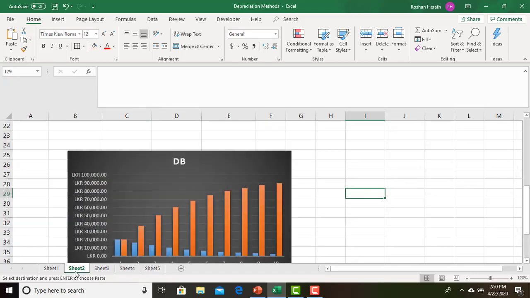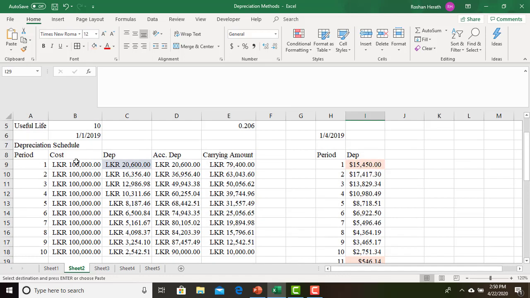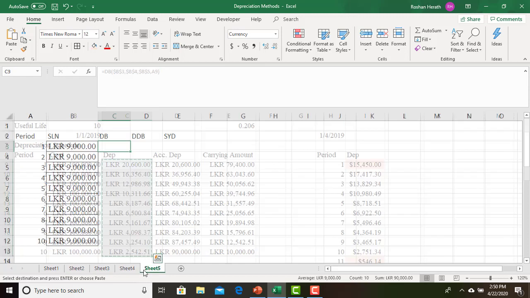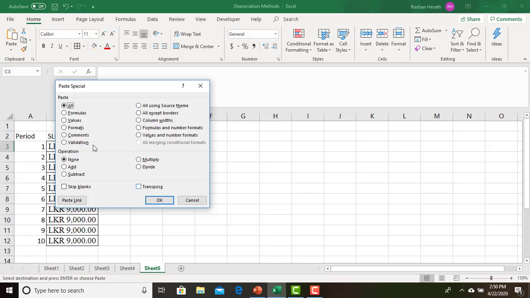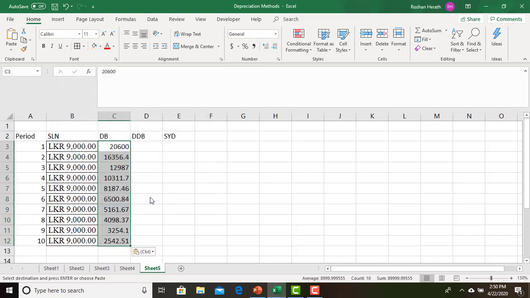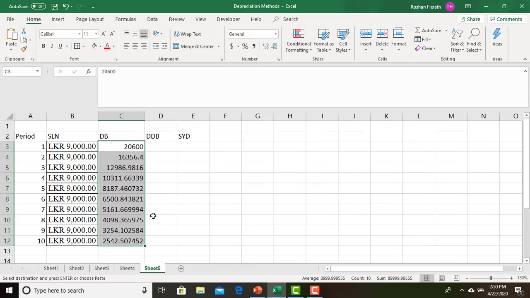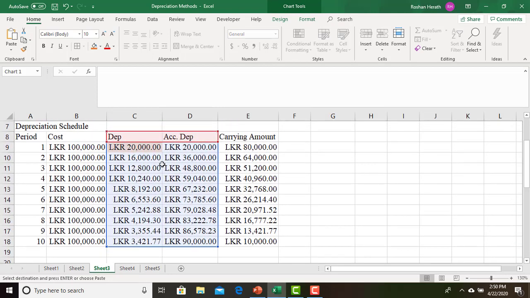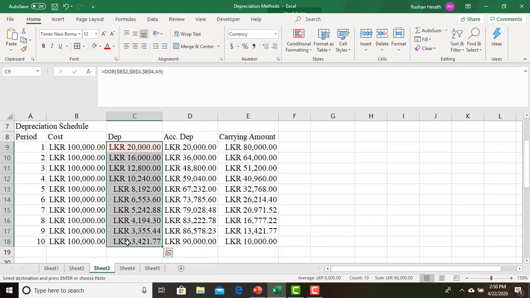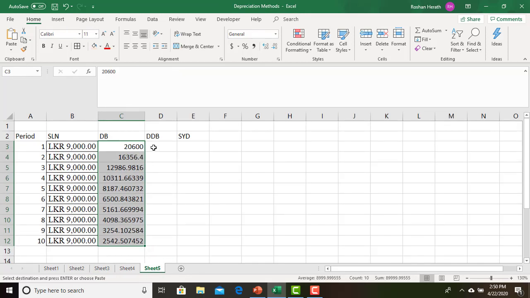The declining balance also, you may take the depreciation amounts, go to paste special. You would have learned this in your previous ones, so therefore you can paste the values. The third method, double declining method, again as usual you may copy and paste the values. So we are going to have a comparison, right?